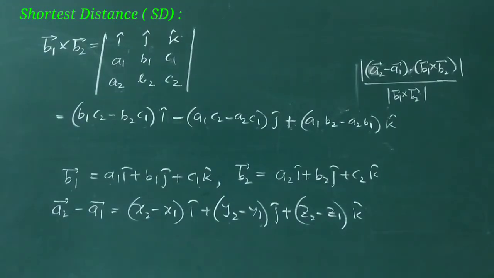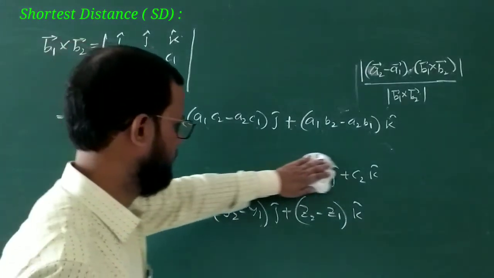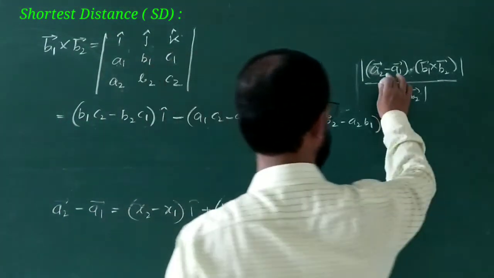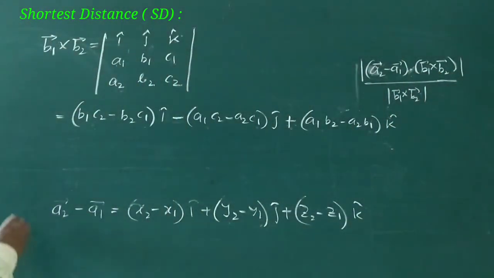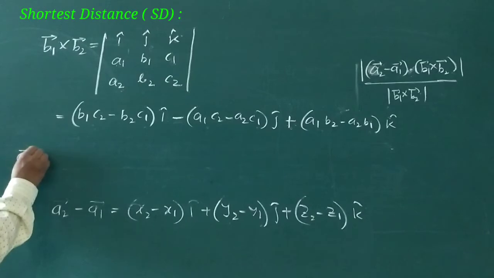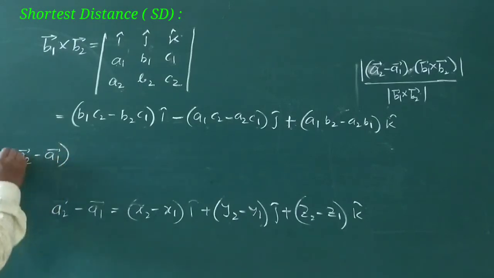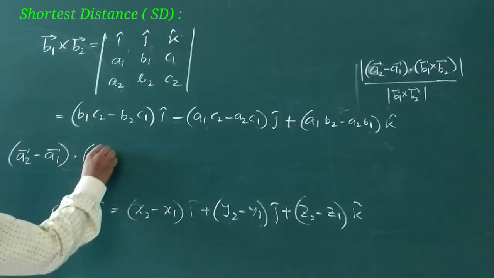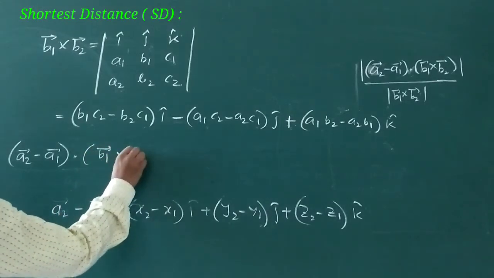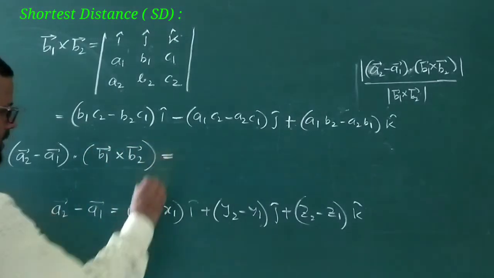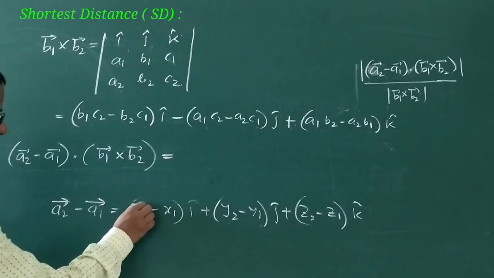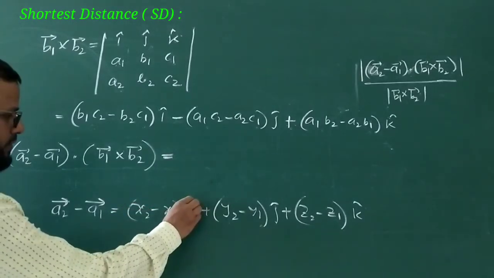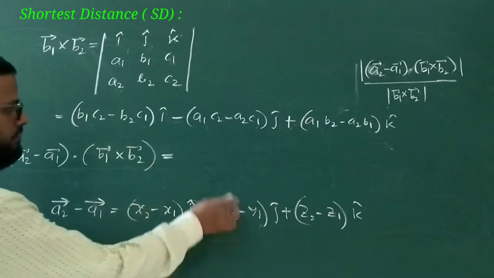Now let us find the numerator: (a2 vector minus a1 vector) dot (b1 cross b2 vector). If we take the dot product of both, what happens in a dot product? The corresponding components are multiplied.